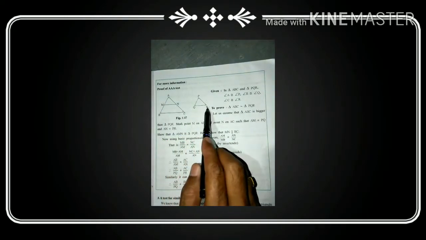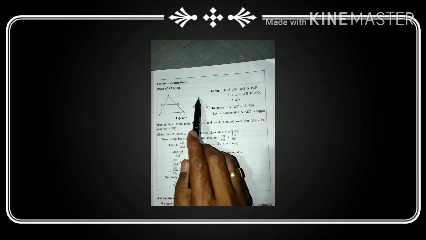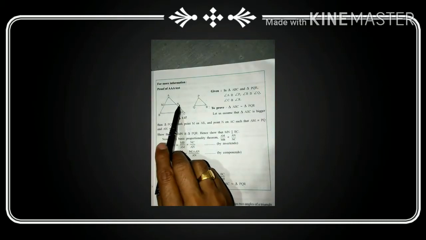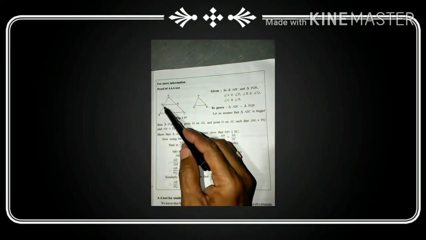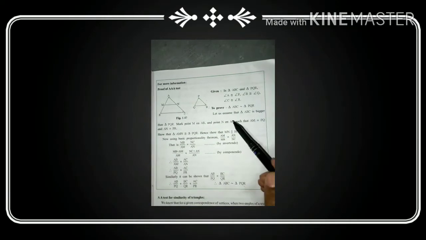Here AM is equal to PQ and AN is equal to PR, and obviously MN is equal to QR. Actually this triangle AMN is congruent to triangle PQR, and hence MN is parallel to BC. Now using the basic proportionality theorem, AM upon MB is equal to AN upon NC.